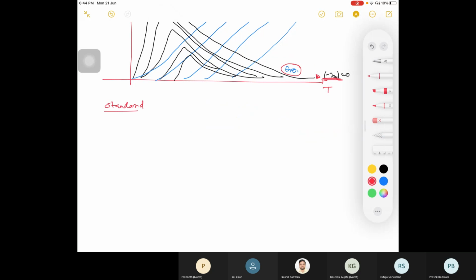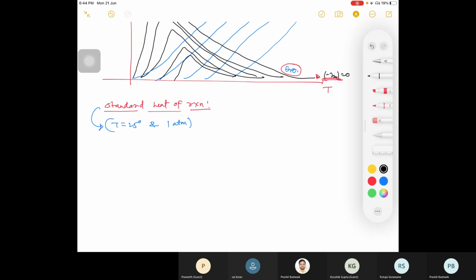Standard heat of reaction, at temperature 25 degrees Celsius and 1 atmosphere, right? Now please tell, what is the standard heat of reaction? Anyone knows?